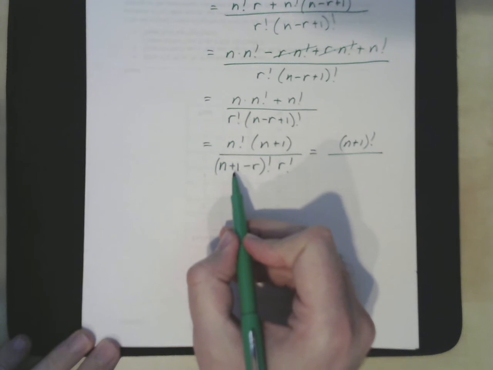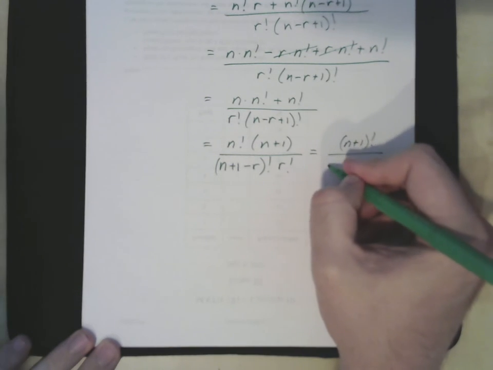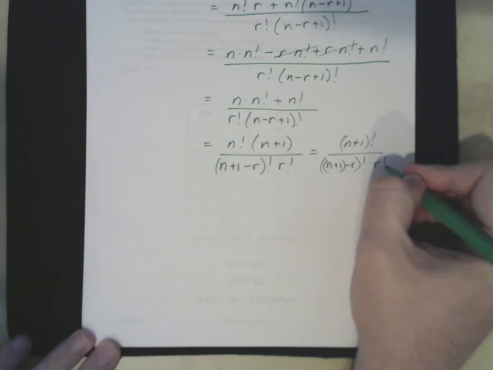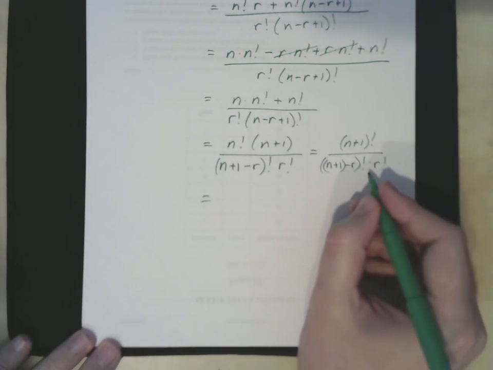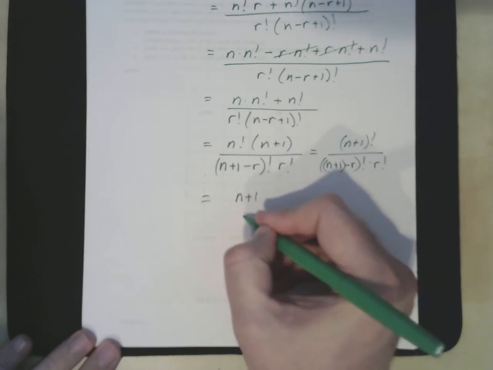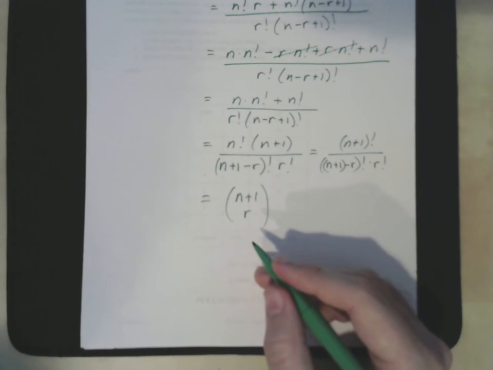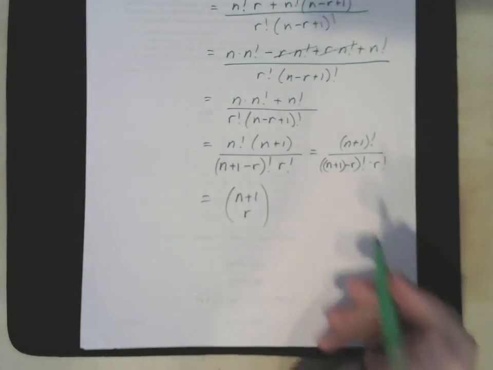And this then is n plus 1 minus r, grouping that up like this, factorial, times r factorial. And of course, that is nothing more than n plus 1 choose r, which is what we wanted from Pascal's formula. We wanted it to be n plus 1 choose r.